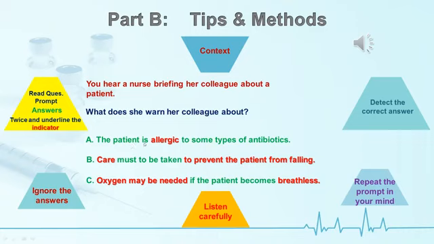So the first answer is contradicting what is mentioned in the record. It's the opposite. Here the answer says the patient is allergic. Actually, it's not. The second answer is the right, correct answer.